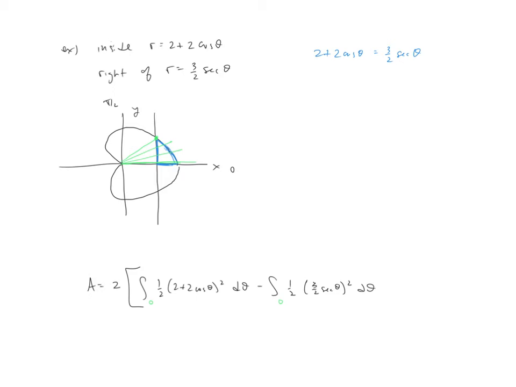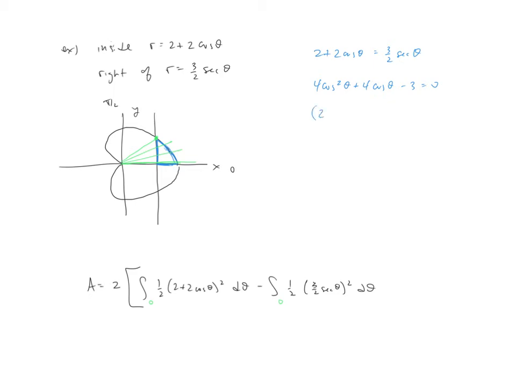And so moving some things around and considering the secant is 1 over cosine, this is going to give me 4 cosine squared theta plus 4 cosine theta plus 3 equals 0. Excuse me, that's a minus 3 when I subtract it over, equals 0.